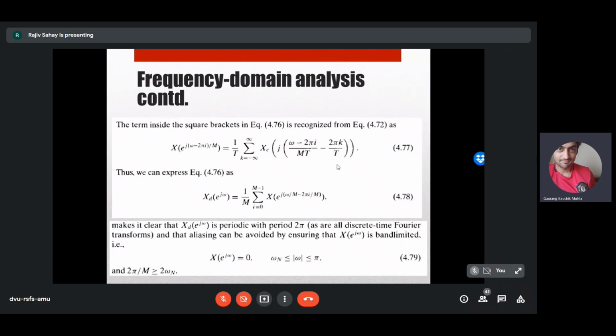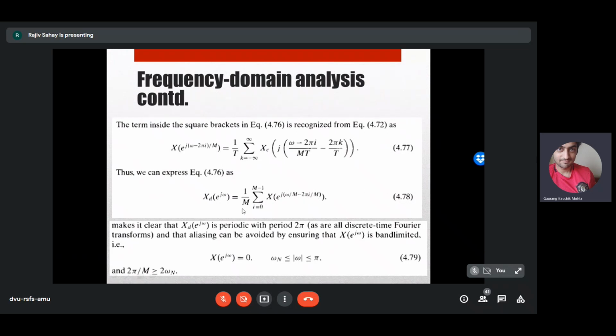Compare with 4.72. Then you can understand that this is the same form. So now you can simplify x_d e to the power j omega as 1 by m, I goes from 0 to m minus 1, x e to the power j. Now here he has taken m inside. So omega by m minus 2 pi I by m.